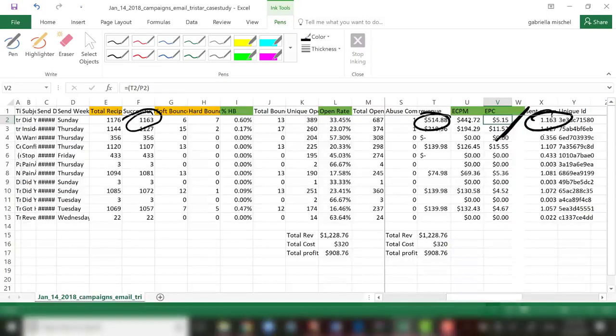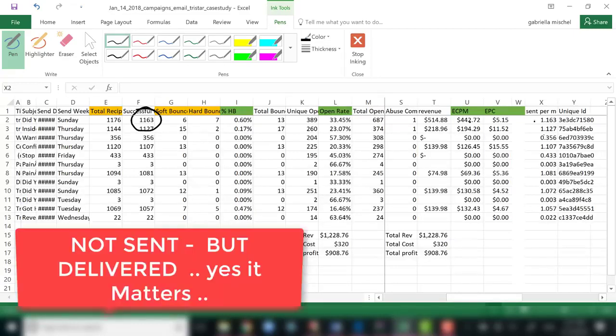So now the next step is actually calculating this ECPM. Calculating is really simple. How do you calculate your ECPM? Very simple. What you need first before you can start with the calculations is you need to break down the number of emails that were sent divided by 1,000. So in this particular case, it's 1,163 divided by 1,000, and you get 1.163.